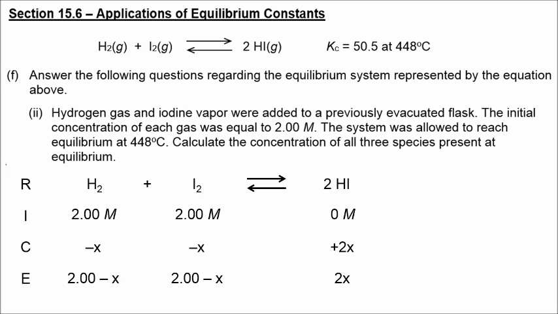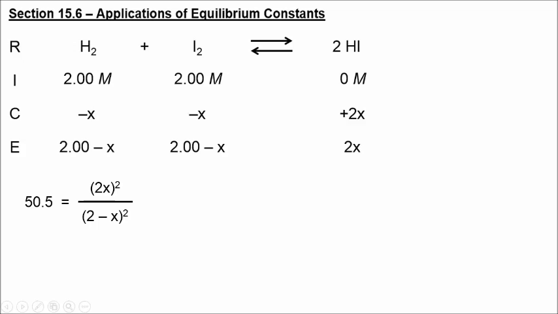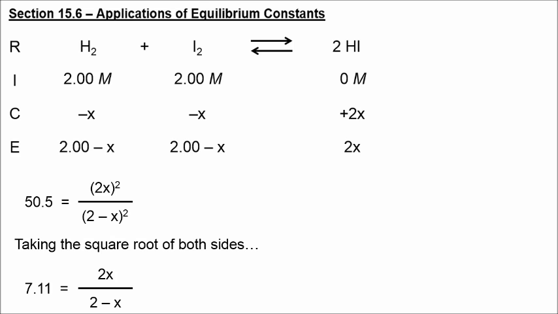Let's go ahead and solve using the expression and the fact that it is 50.5. We're not going to do the quadratic equation for this particular problem. We're just going to take the square root of both sides. And when we do the square root of both sides, we get 7.11 equals 2x divided by 2 minus x.